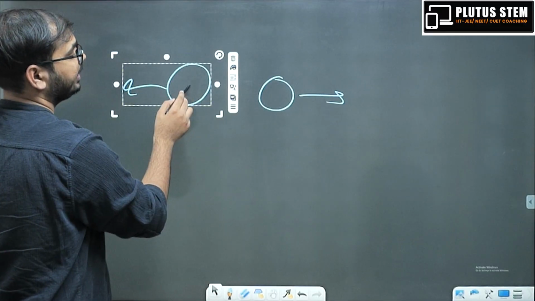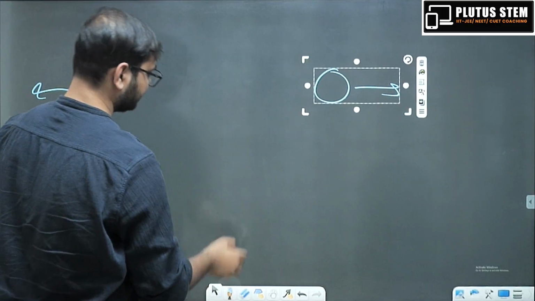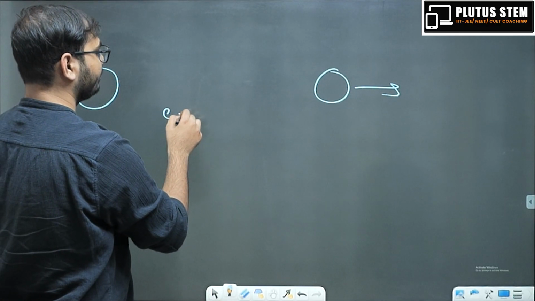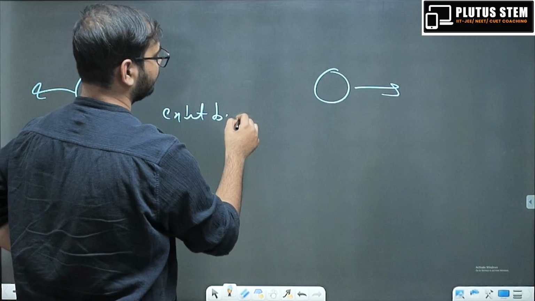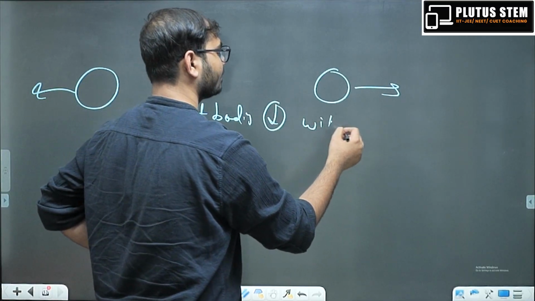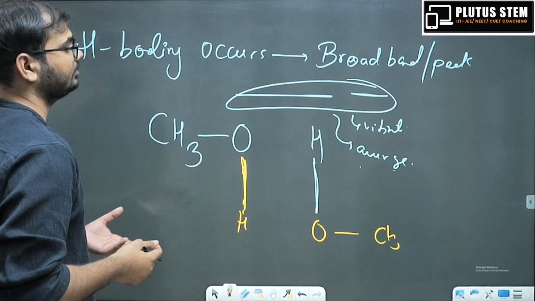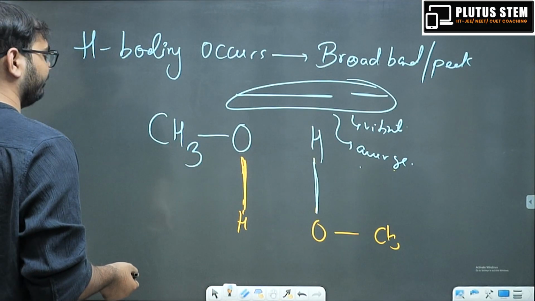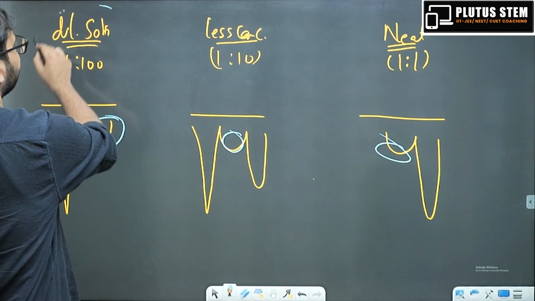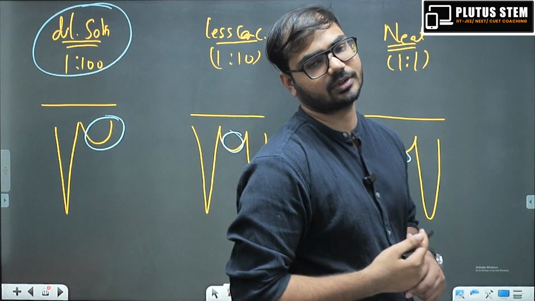And since hydrogen bonding is a distance dependent phenomenon, the extent of hydrogen bonding decreases with distance. If you increase the distance, intermolecular hydrogen bonding will vanish, and finally your solution at elevated temperature behaves like dilute solutions.